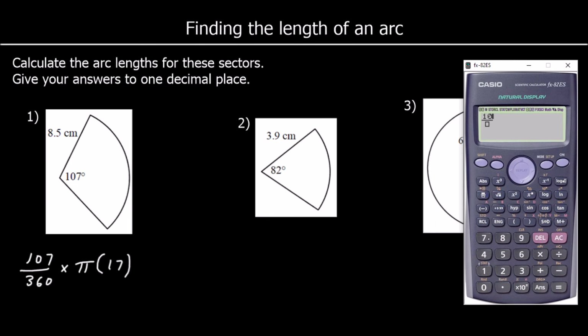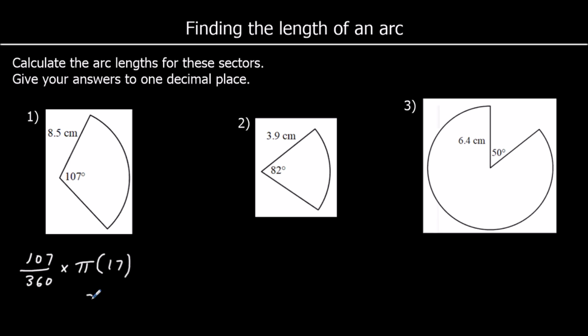So 107 360ths times pi times 17. So to 1 decimal place, that's 15.9. And that is in centimeters.